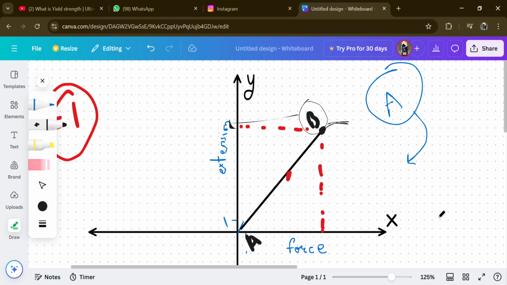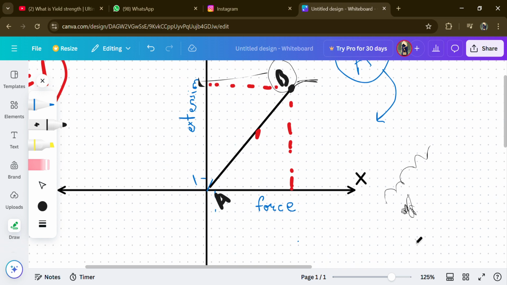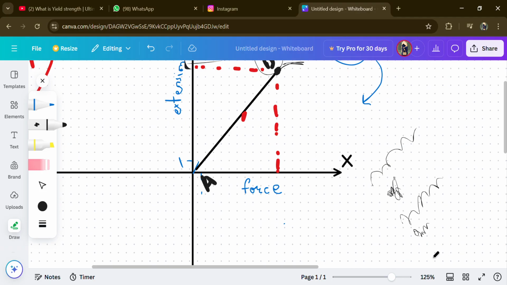Now if you take a spring, you have often seen a situation where, just suppose this is a new spring, we stretch it, and because of our stretch it gets to this point, right? Now if we leave it, it gets back to its original place. Again we stretch it, and now we stretch it a bit harder.